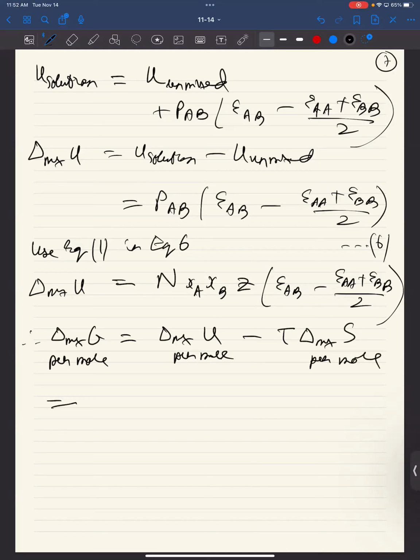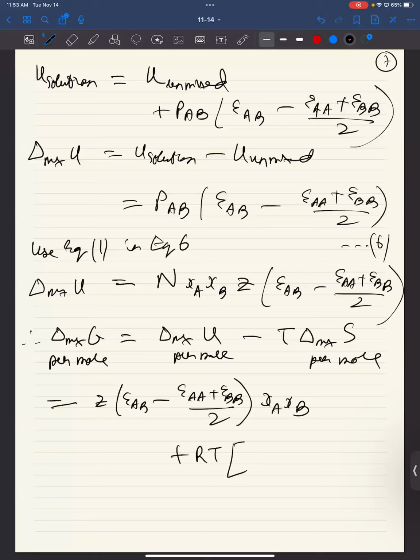Delta mixing U per mole will be Z multiplied by epsilon AB minus epsilon AA plus epsilon BB by 2 multiplied by XA XB, plus RT XA ln XA plus XB ln XB.